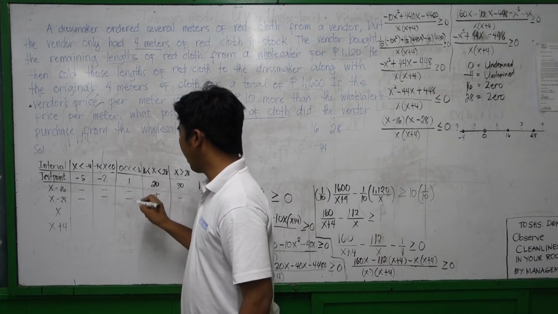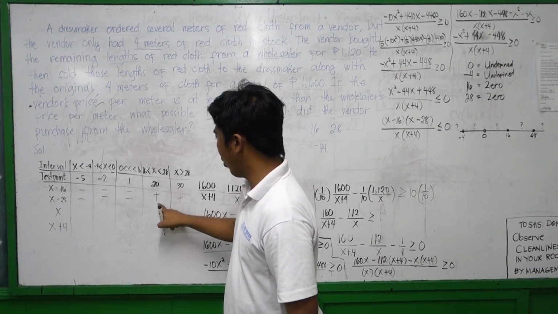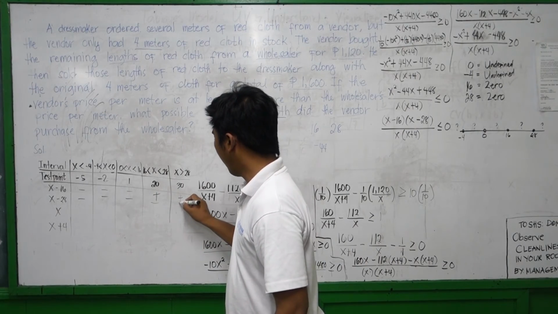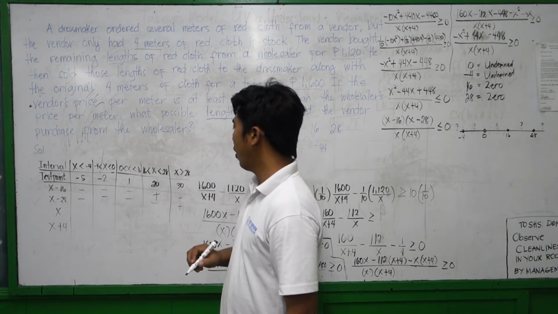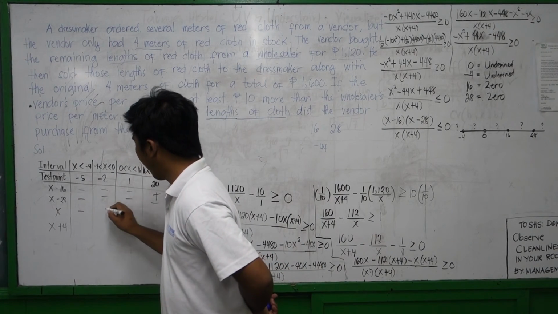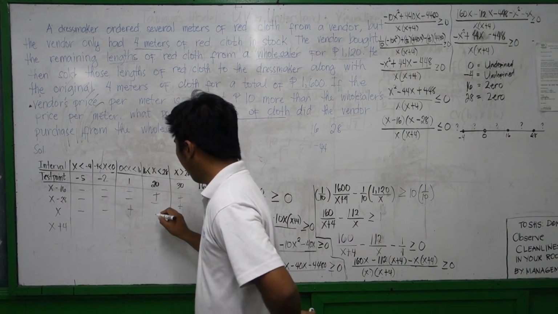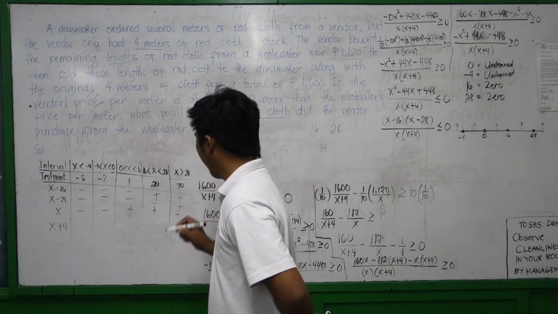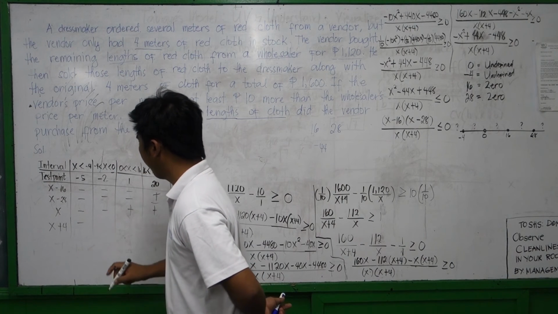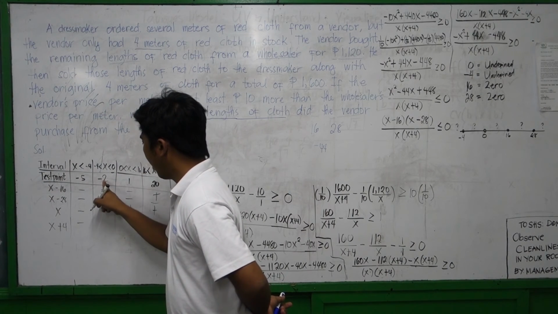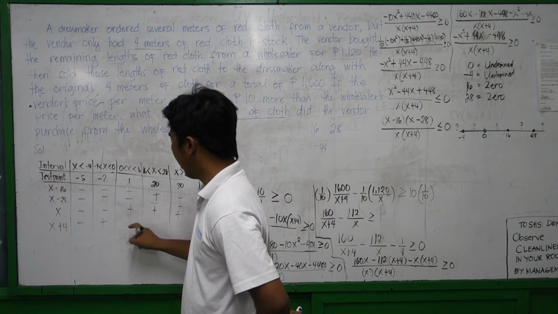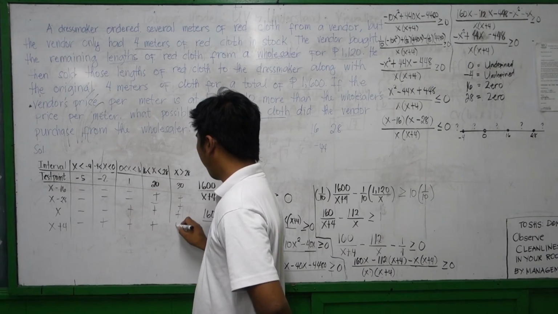Positive 1, negative. 20 minus 28, negative. 30 minus 28, this is positive. Next, x plus 4. Negative 5 plus 4, this is negative. Negative 2 plus 4, this is positive. Here, this is positive, positive, positive.